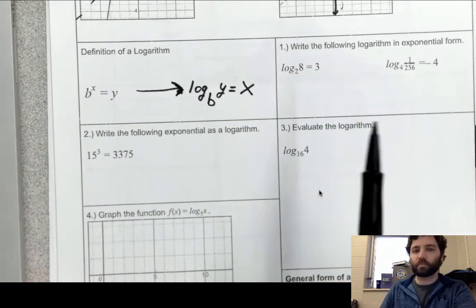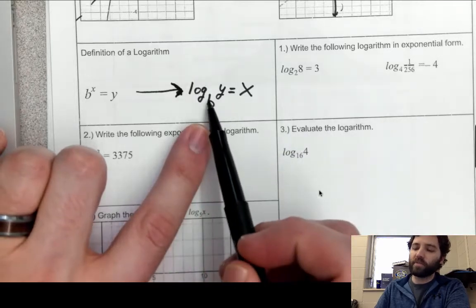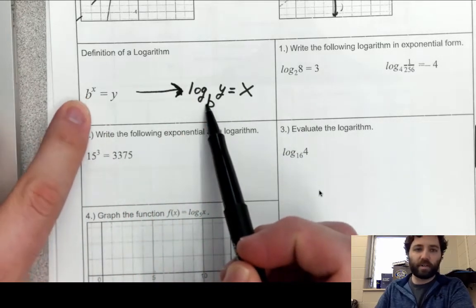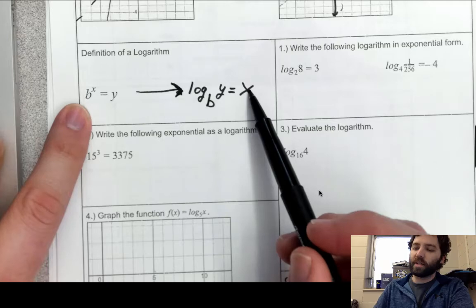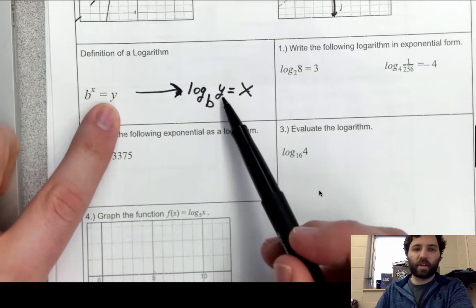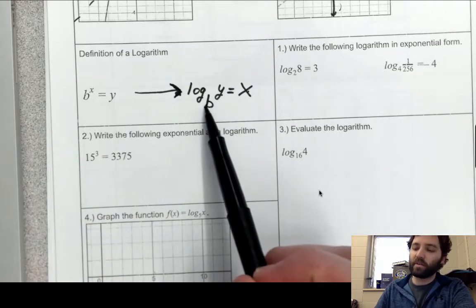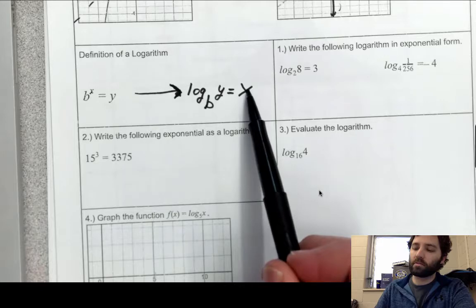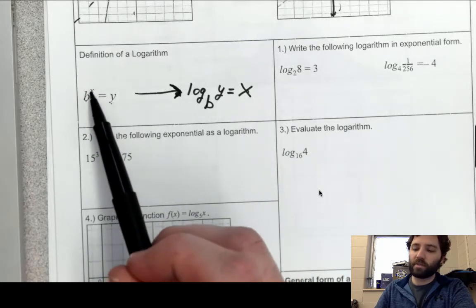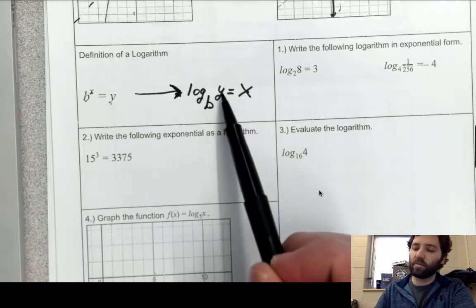Sometimes it's easier to go from logarithm to exponential. So this base right here is the base of your exponential. Whatever it's equal to is the exponent, and then y is the number that is the result of the exponential. The way I like to remember this is: the base raised to the power equals the number.